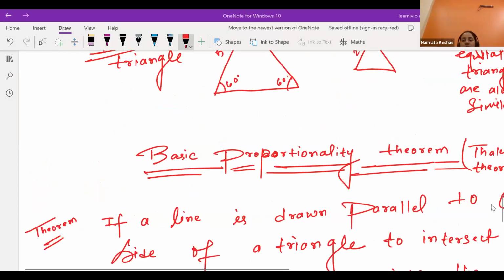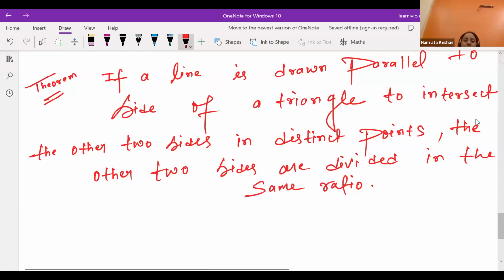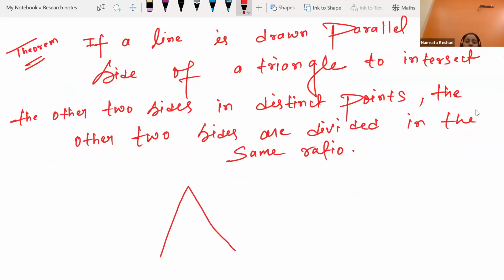The theorem says that if we have a triangle, suppose ABC is a triangle, and there is a line parallel to one of the sides, suppose this is a line DE parallel to BC, intersecting the other two sides at distinct points D and E, then this line will divide AB and AC in the same ratio.